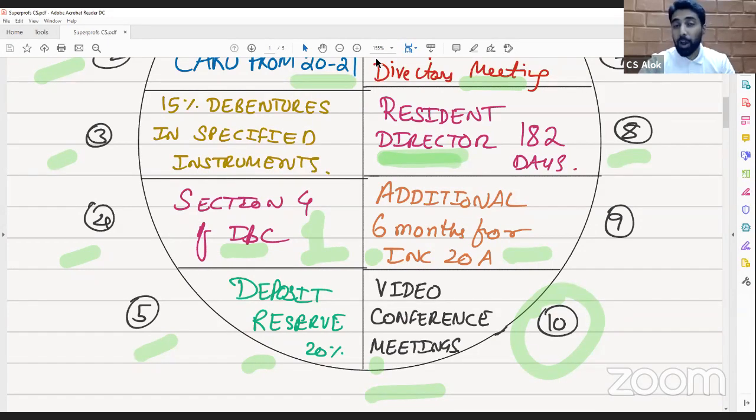Okay. Now, when we talk about proxy, these are the members who cannot come, they will send a representative. But please remember, proxy can come to the meeting, can vote in the meeting on a poll, but proxy is not counted for quorum. So proxy can come, but we don't count them for quorum.